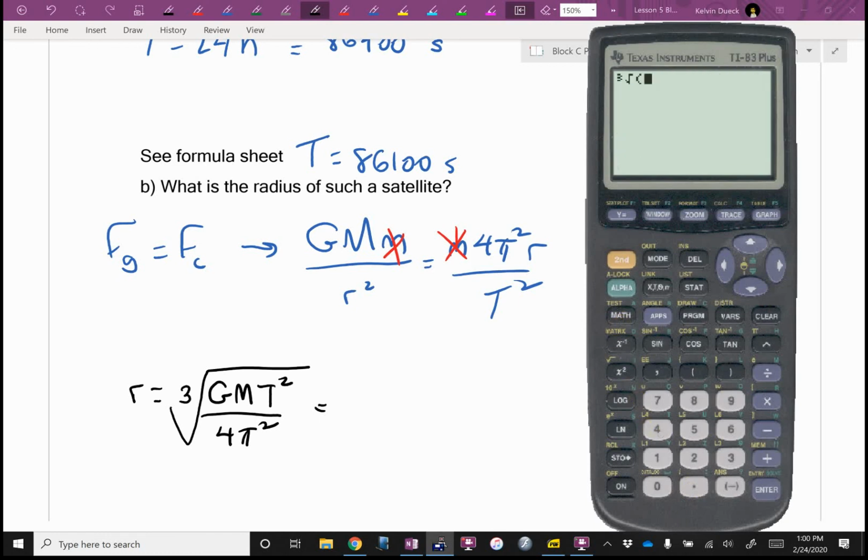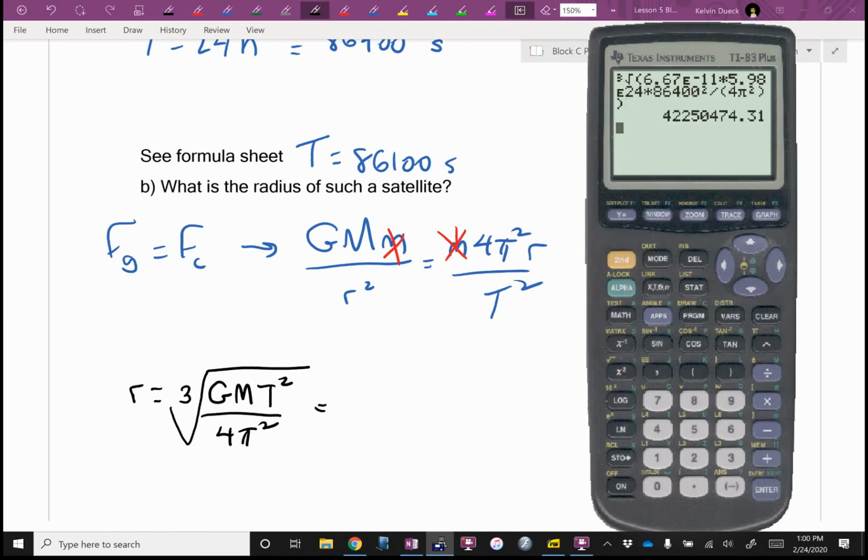Cube root of 6.67 times 10 to the negative 11 times 5.98 times 10 to the 24th times 86,400. Don't forget the squared. Divided by bracket 4 pi squared.